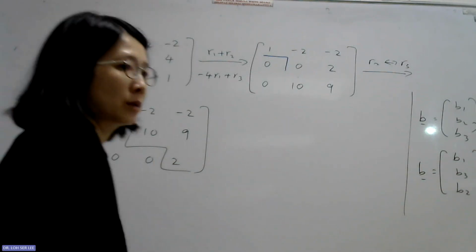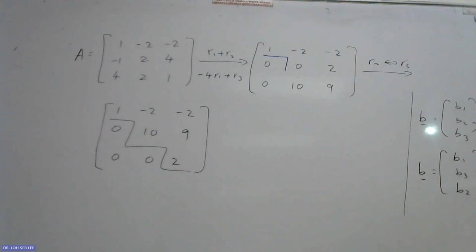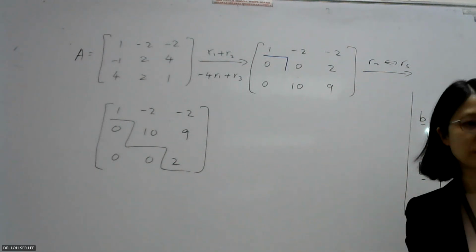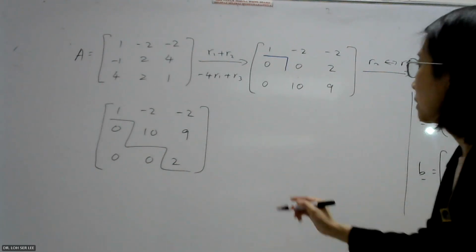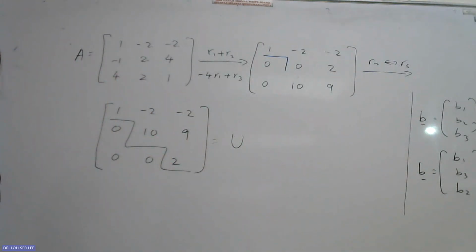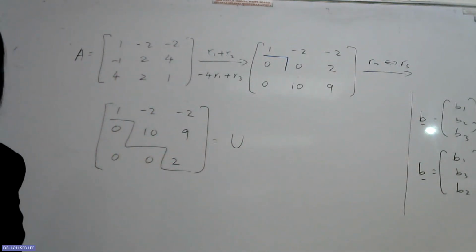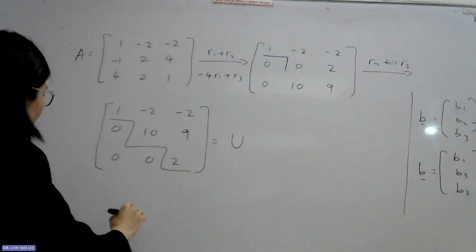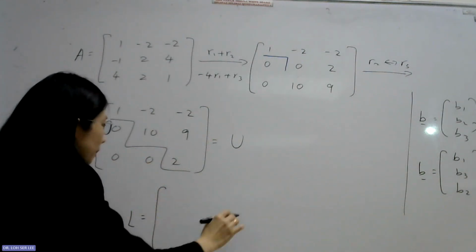And if you want to test using the first method, we haven't done this yet. This is U. We haven't extracted the information of L and U. So this is your U. Now what is your L?